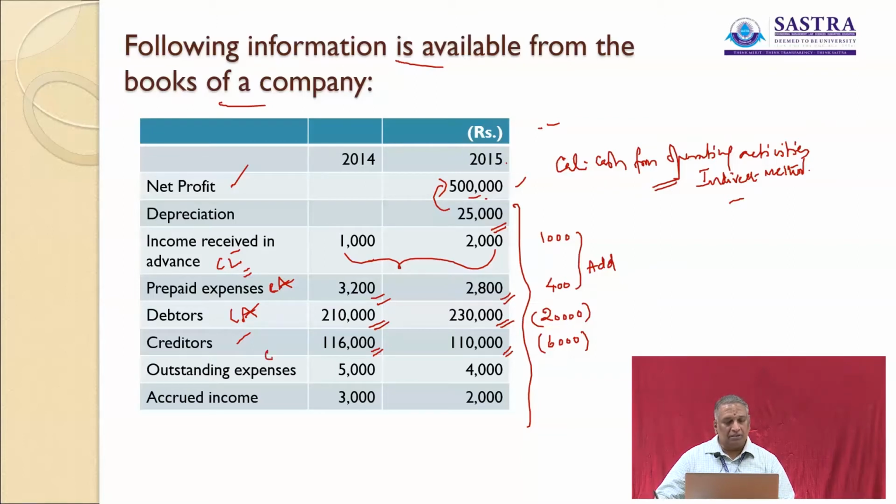Outstanding expenses, again current liability. So current creditors is current liability. Decrease in current liability means you will have less cash for operations. Increase in current liability means you will have more cash in hand for operations, which should be added.